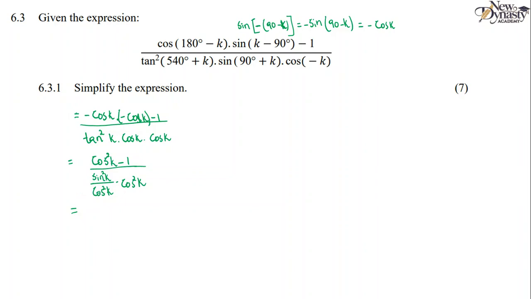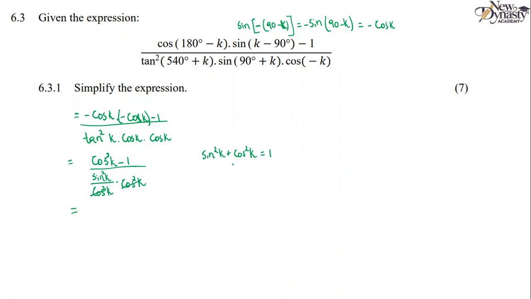But what we can cancel here is the cos squared k and the cos squared k there. They can cancel each other. Now, above the division line, we've got cos squared k minus 1. Now remember the identity which says sine squared k plus cos squared k, it is a square identity, when you add them, they give you 1.